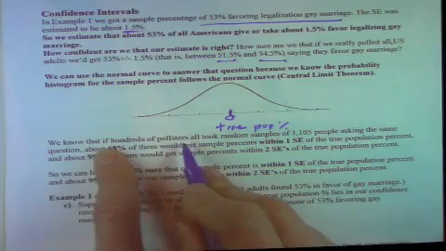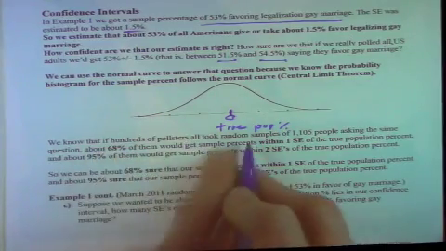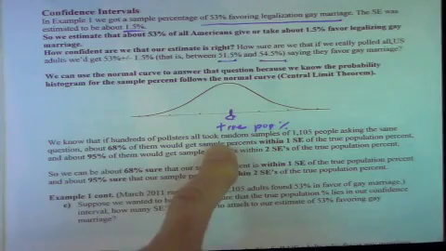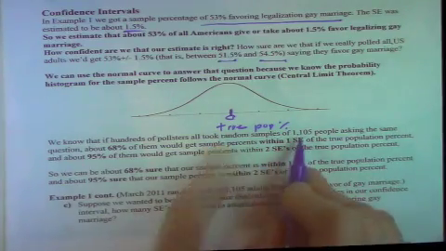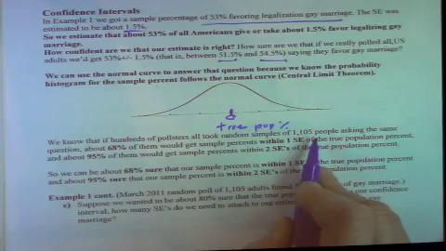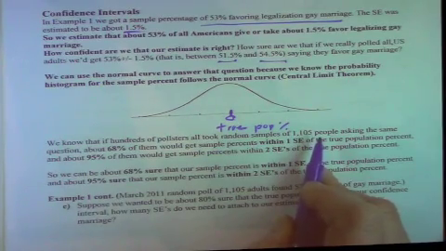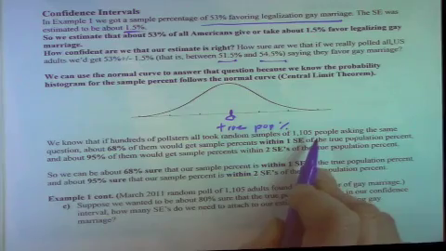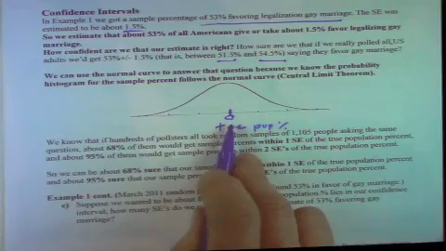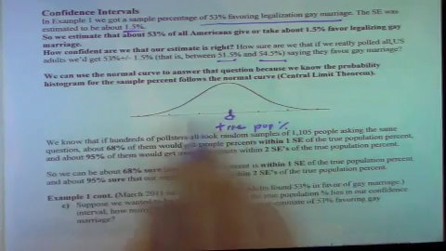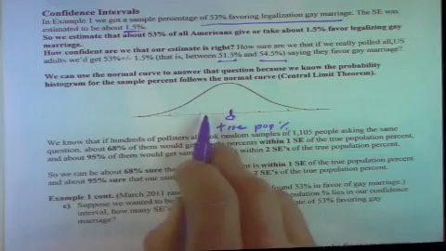We know that if hundreds and hundreds and hundreds of pollsters each took a random sample of 1,105 people, just like we did, pretend we were the pollster here, they wouldn't all get 53%. No. They wouldn't all get the true population percent. No. But they would get a distribution around that.